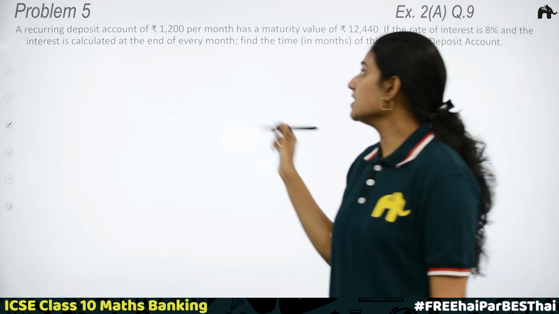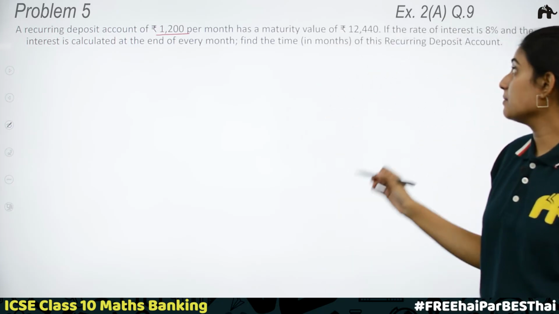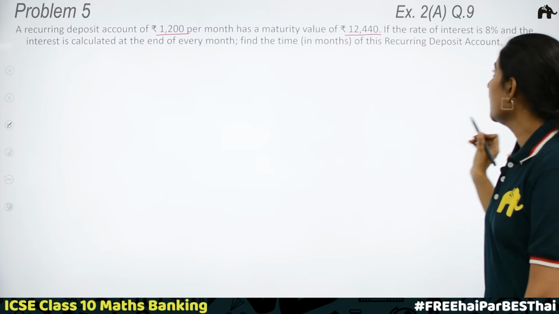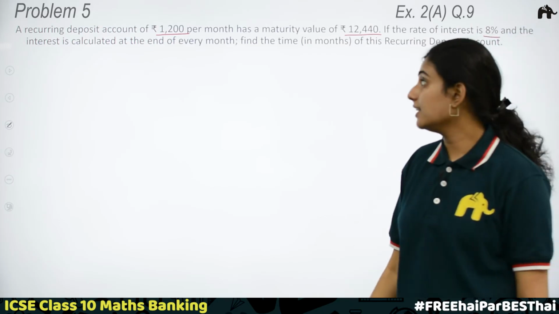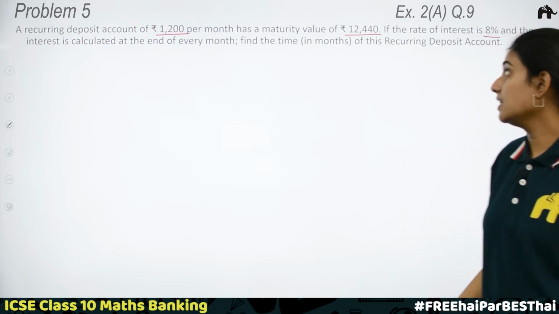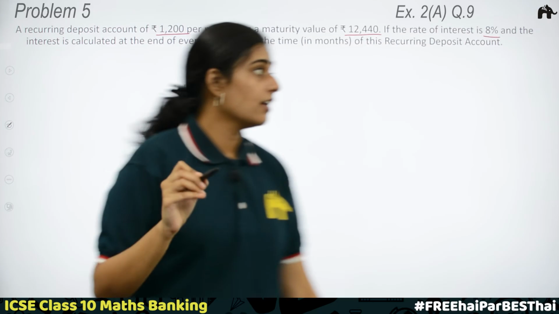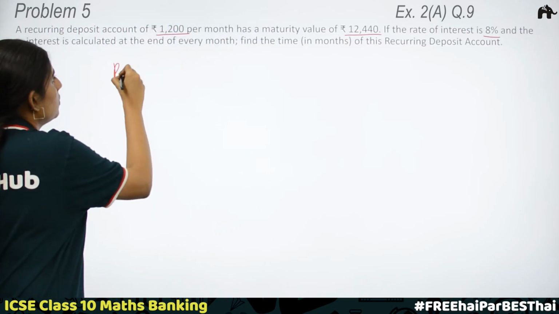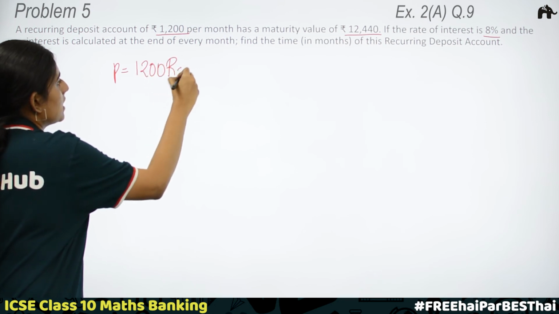Problem number 5. Question number 9 of exercise 2A. A recurring deposit account of rupees 1200 per month has a maturity value of rupees 12,440. If the rate of interest is 8% and the interest is calculated at the end of every month, find the time in months of this recurring deposit account. Here the given quantities are P is equal to 1200 rupees.